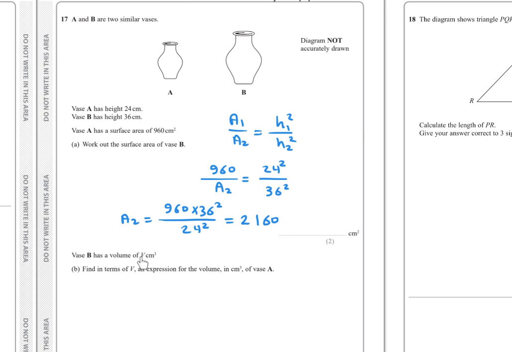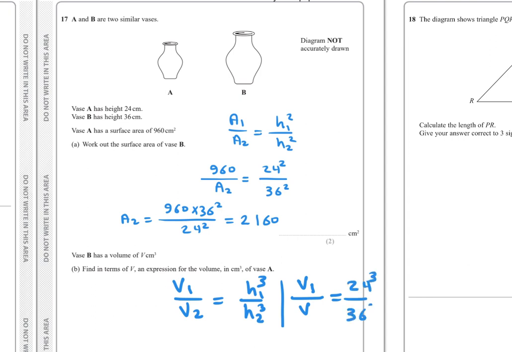Vase B has a volume of V centimeters cubed. B, find in terms of V an expression for the volume in centimeters cubed for vase A. They are similar, so V1 over V2 equals height 1 to the power 3 over height 2 to the power 3. So V1 over V equals 24 to the power 3 over 36 to the power 3.